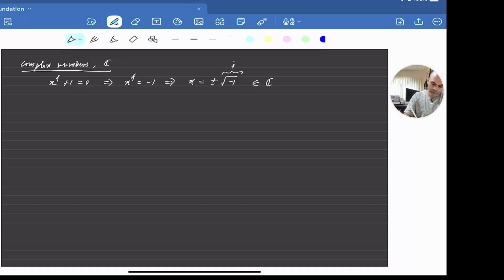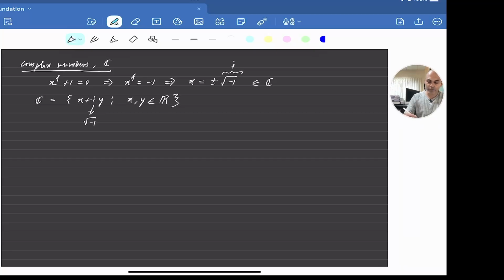So in general, complex numbers form a set denoted by x plus iy, where i is square root of negative 1 and x and y are real numbers.